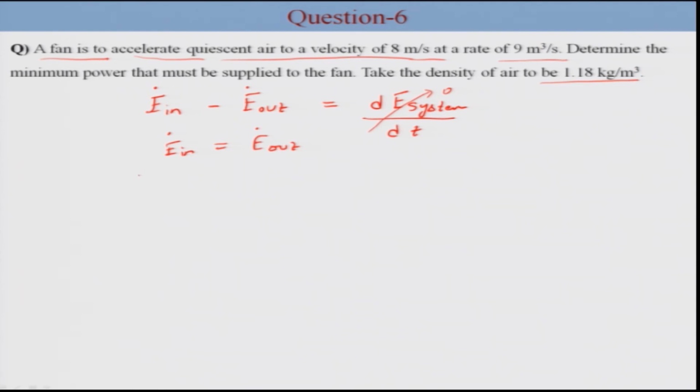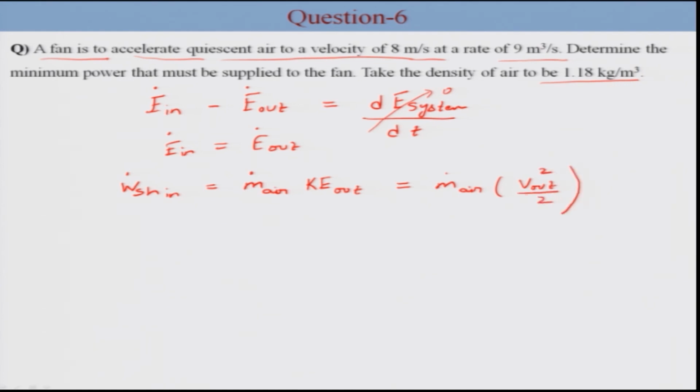So, energy which is given in terms of shaft work to the fan is equal to the mass of the air multiplied by the kinetic energy of the air which is coming out, and this can be written as mass of air into velocity of the air squared by 2.